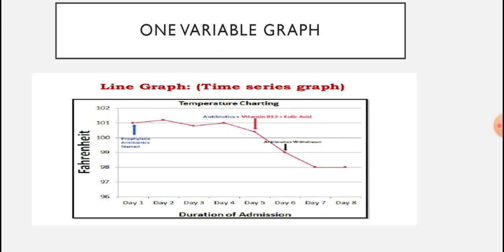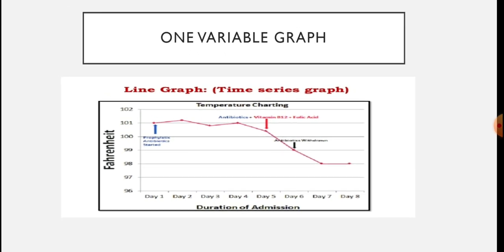I think it is very much clear to you, because constructing a graph is not a new phenomenon for you. You started to draw these graphs from 6th or 7th standard, so I hope you are very much aware of how to construct a graph.